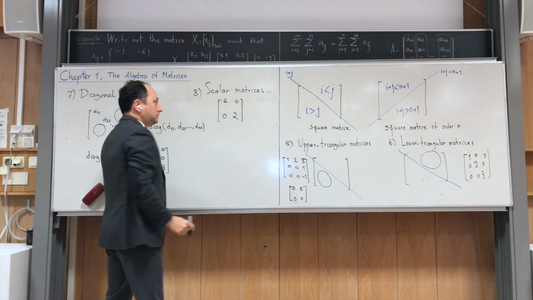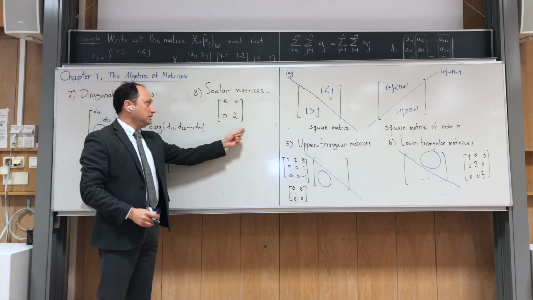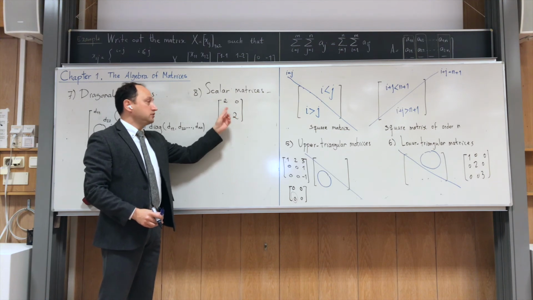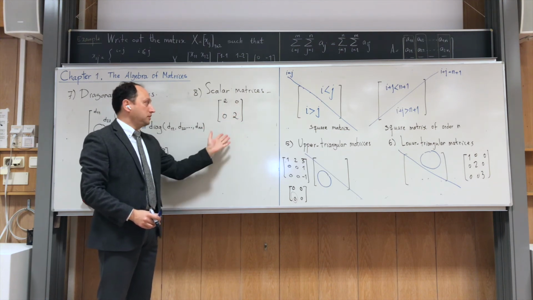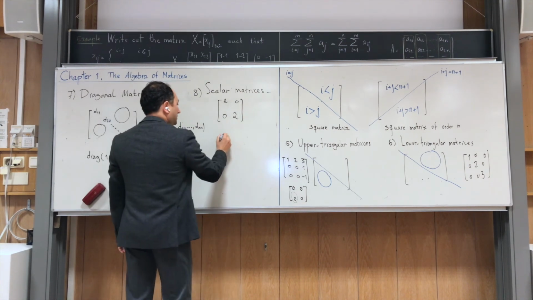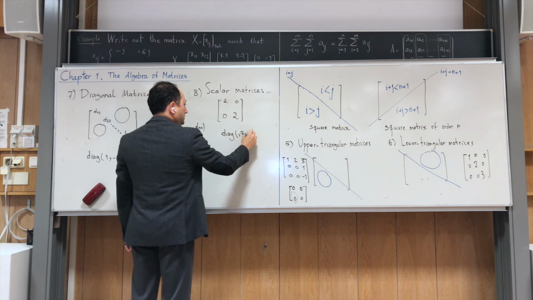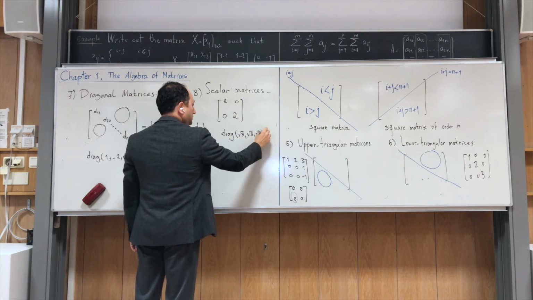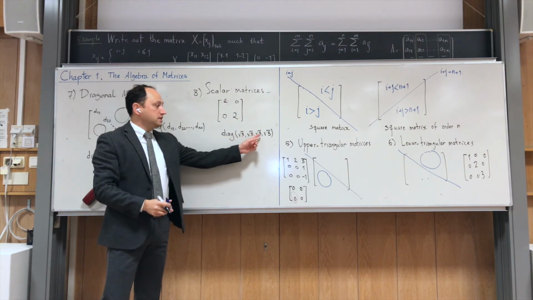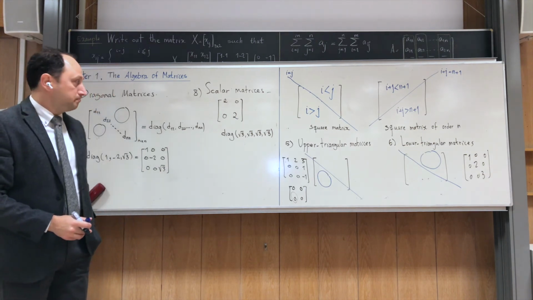This is a scalar matrix. First, it is square, it is diagonal, and any entry on the main diagonal is the same value 2. So that's a scalar matrix. We can have, for example, diagonal of square root of 3, square root of 3, square root of 3, square root of 3. Even though it is diagonal, because all these entries are exactly the same, that is actually a scalar matrix.